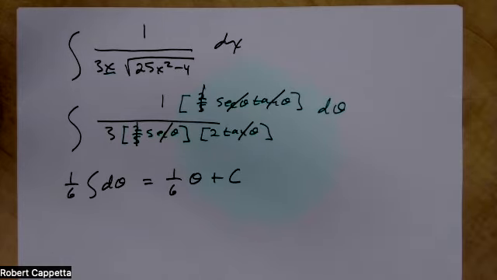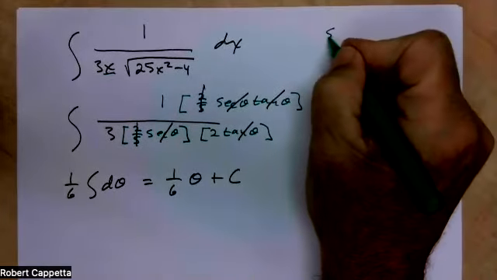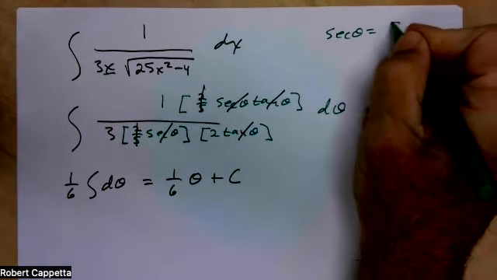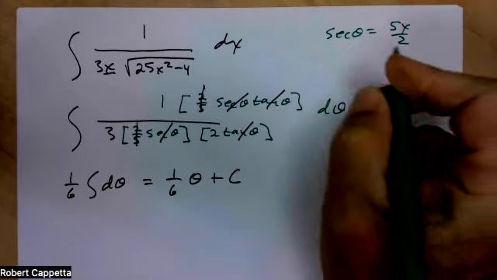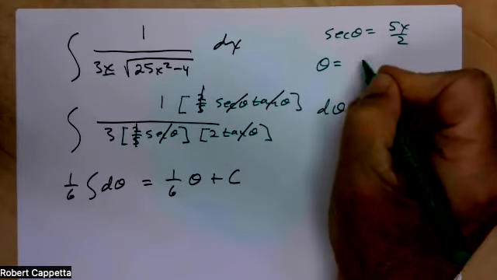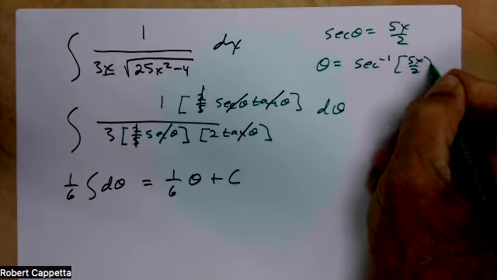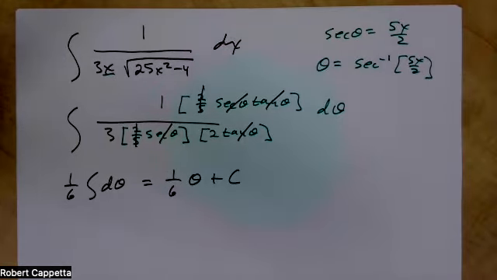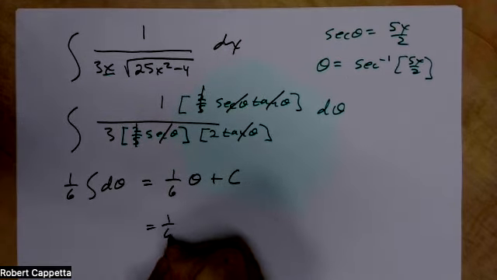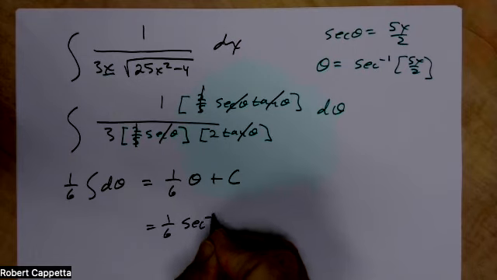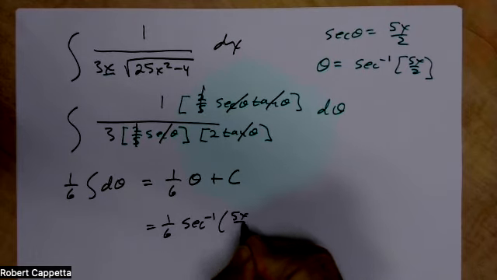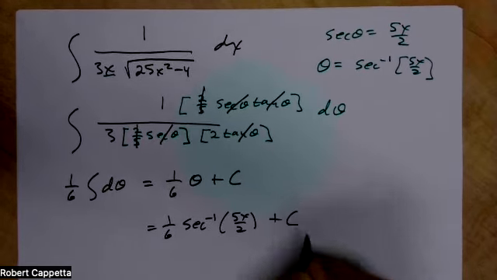If sec of theta is 5x over 2, theta then is the inverse secant of 5x over 2. So where does that put us? That finishes this up with 1/6 inverse secant 5x over 2 plus c.